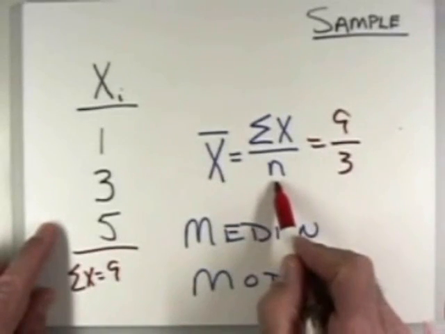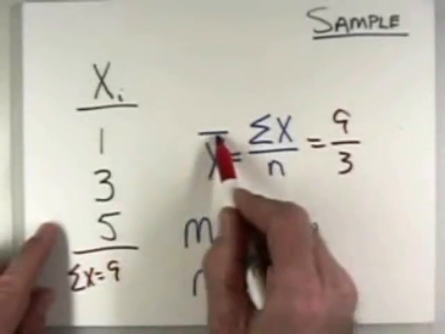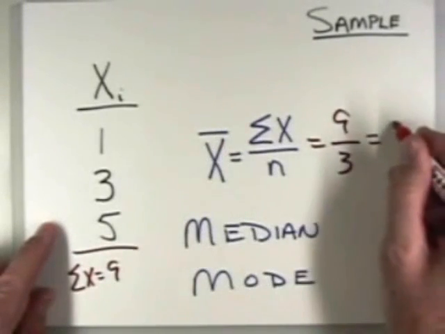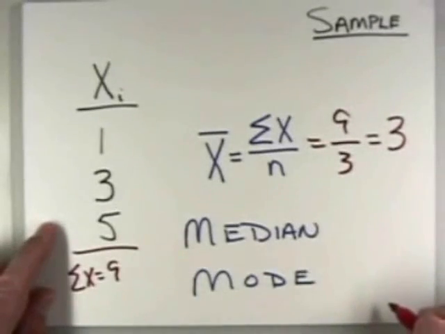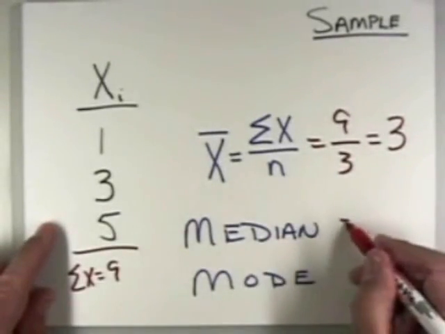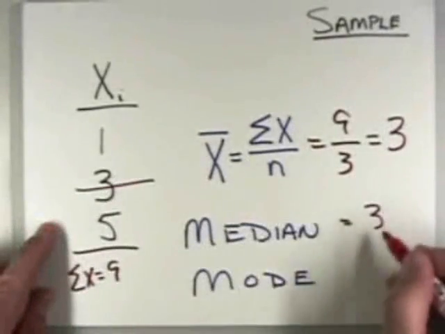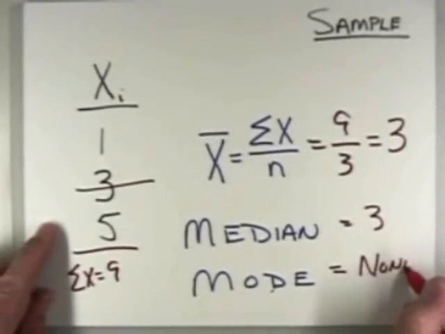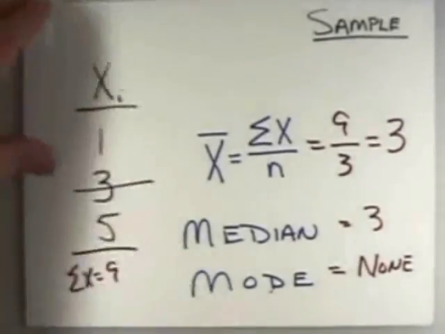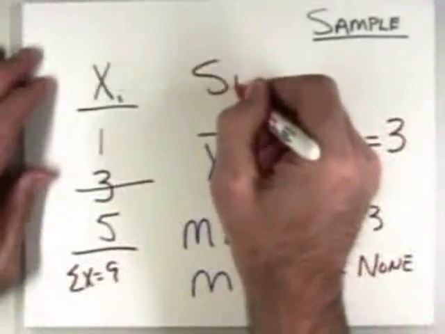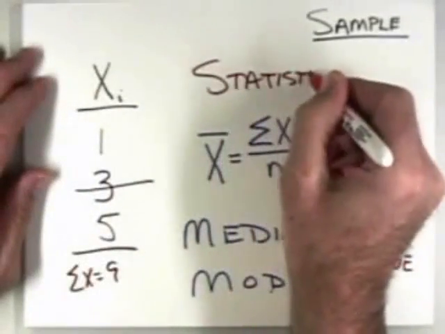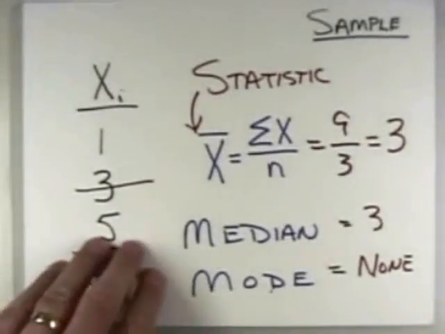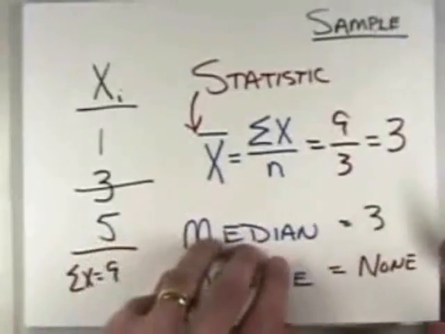The small letter n is used to indicate the sample size. The bar indicates that we have a sample average. Sample average is 3. The median, in this case, would be 3, and the mode would equal none. These are called statistics. A statistic is any result that we get that is based on a sample.